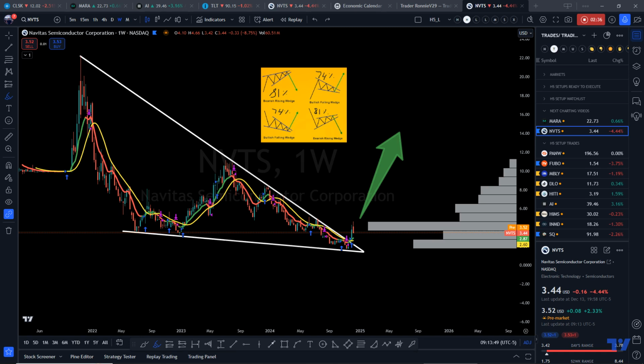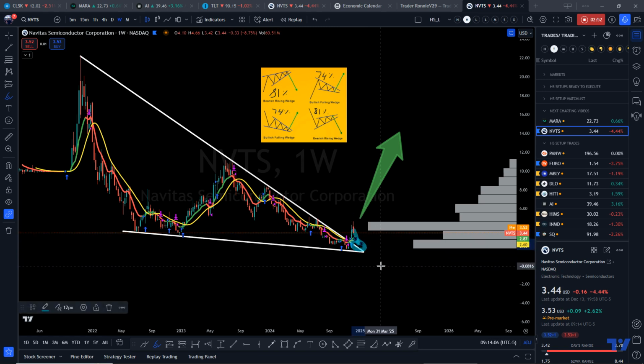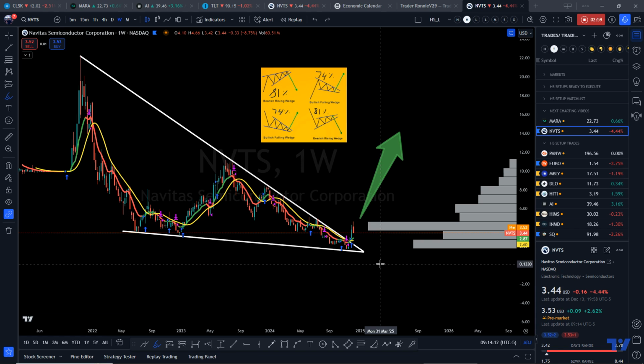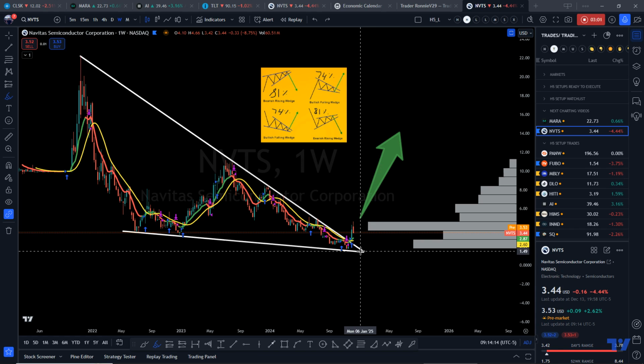So with all of this, as you can see, we have this bullish falling wedge. And when you get this breakout, like I always say, 80 to 90% of breakouts, charting pattern breakouts, come back to the scene of the crime to retest at the breakout point. 80, 90%. That means not every single time, but the majority of the time, they come back and retest.